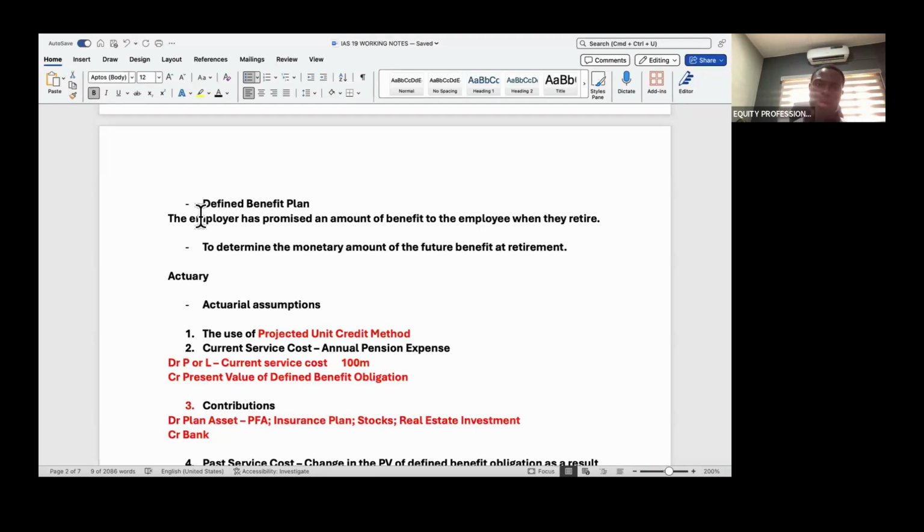So you really need to calculate and work out what the contribution would have to be in such a way that when you make those contributions, they will be sufficient to pay that benefit in the future. So there are a lot of assumptions that have to be made.